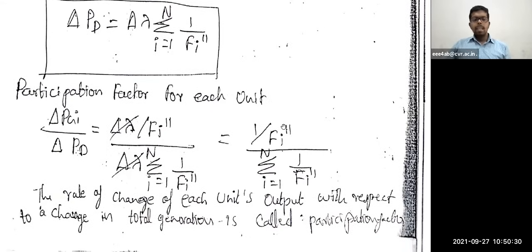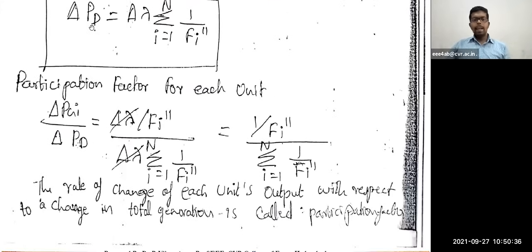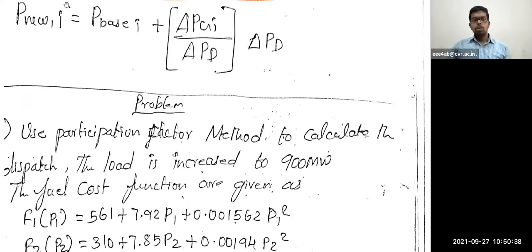Then the new power generation is equal to Pi base. New power generation i is equal to Pi base i plus del PGi divided by del PD, the whole into del PD. This is the formula for calculating the new power generation.